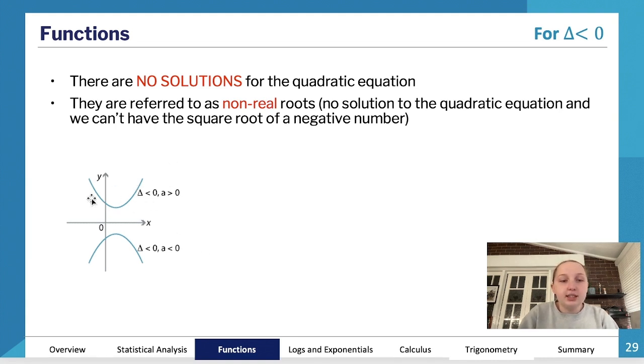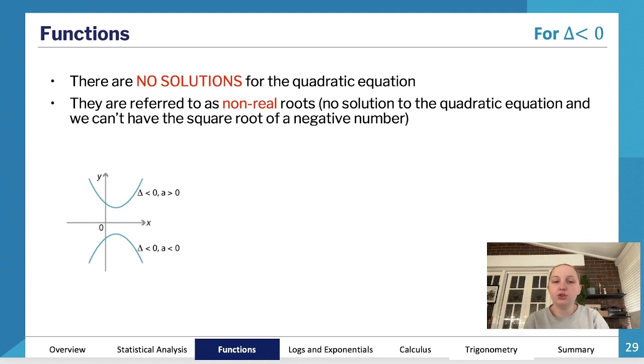So when you're looking at this, you're going to have no x-intercepts, because no solutions means no x-intercepts. Okay, so graphs that look something like this, or maybe they'll sit like here and just never touch the x-axis. You never really know.